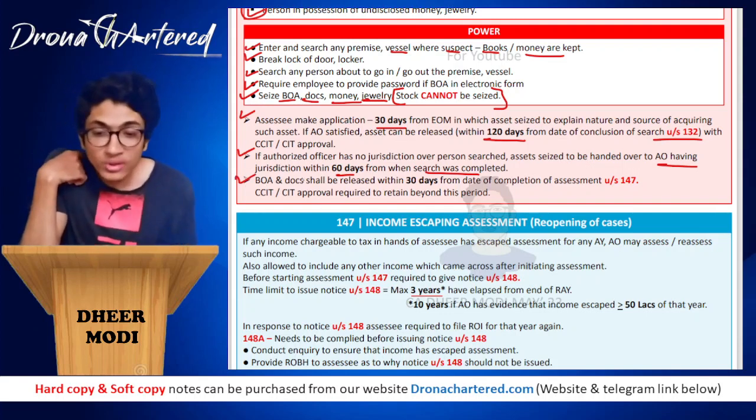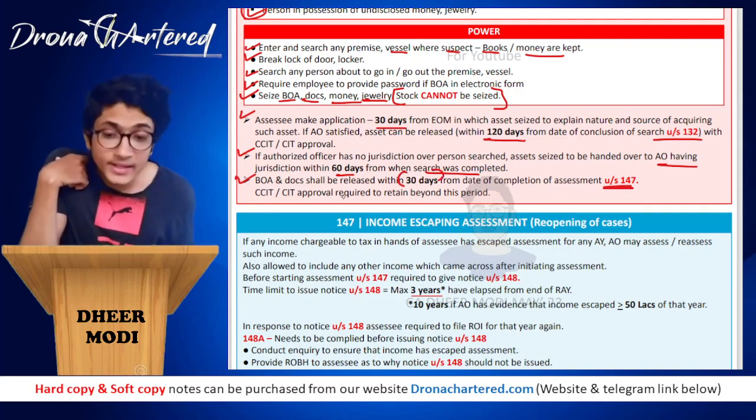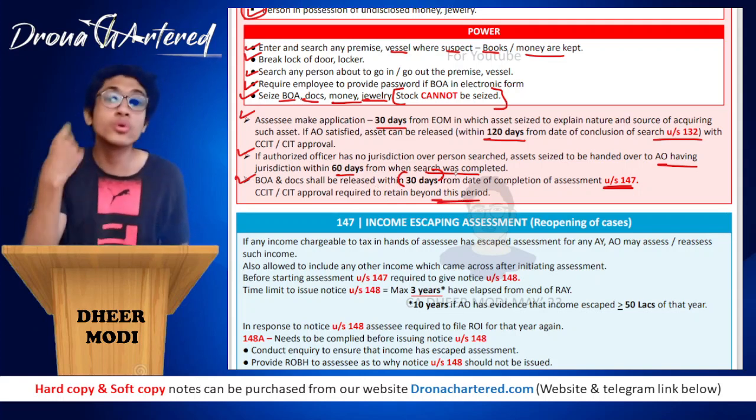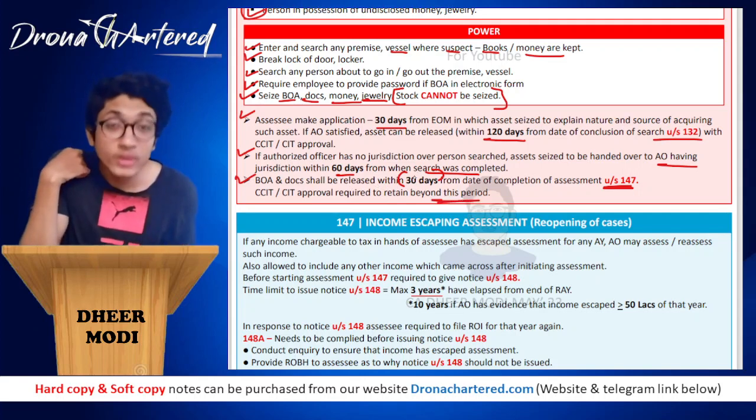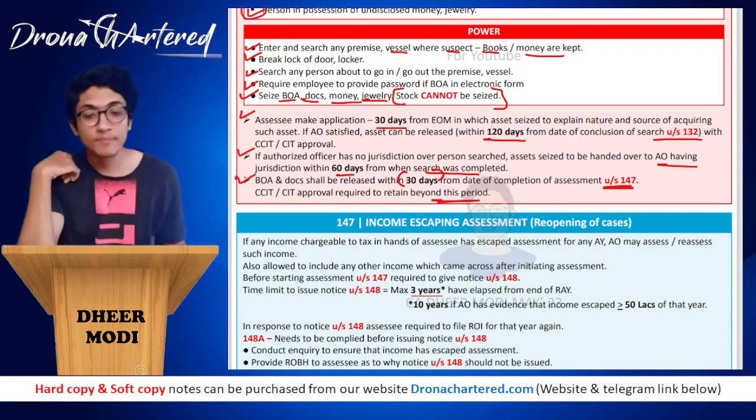Next, your books of accounts and documents shall be released within 30 days from the date of completion of assessment under Section 147. CCIT, CIT approval is required to retain beyond this period. So if you want to retain it for more than 30 days, in such a case your CCIT or your CIT approval is required.